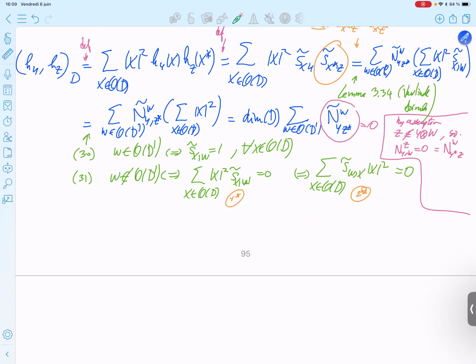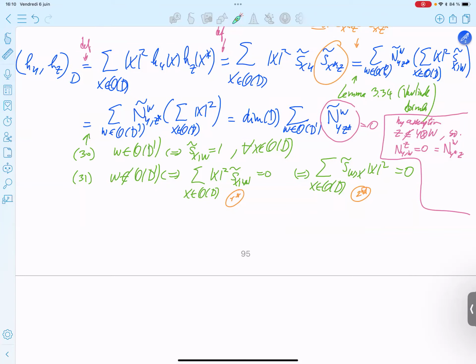W. So this is a multiplicity. N Y Z star W is the multiplicity of W in Y tensor Z star. If you apply the Frobenius reciprocity, you have N Y Z star W equal N W Z Y. So Y is less than W tensor Z.